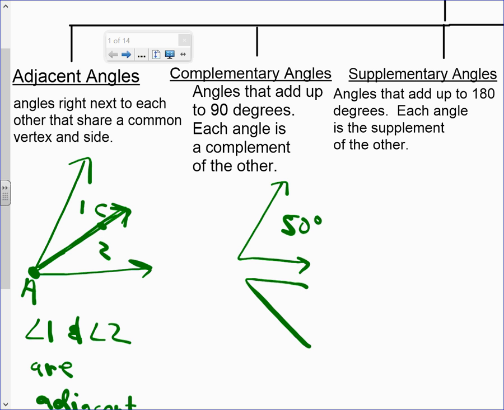How about that? Or a 40-degree angle, rather. One angle is 50, one angle is 40. Add those puppies up, you get 90 degrees. They're complementary. In other words, if you put them together, they form a right angle. We call them complementary angles.